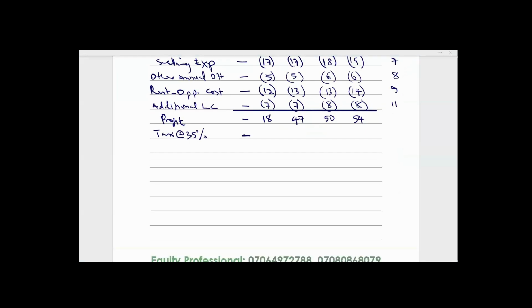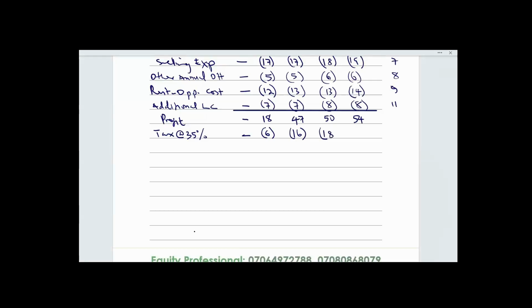Therefore, 18 multiplied by 0.35, that's 6. Next, 47 multiplied by 0.35, that's 16.4. Then 50 multiplied by 0.35, that's 18.